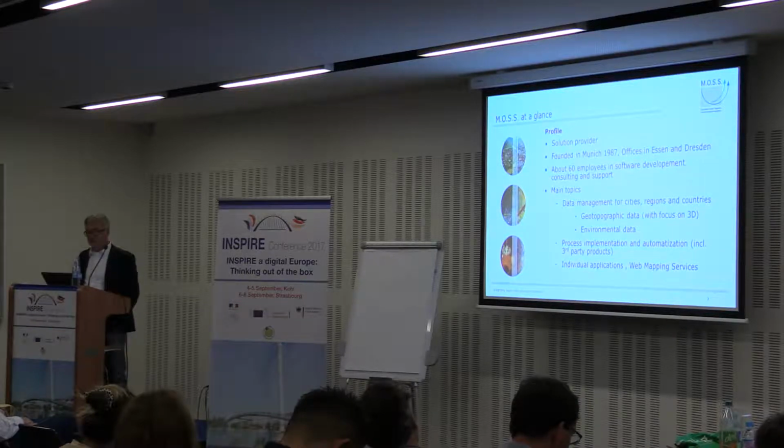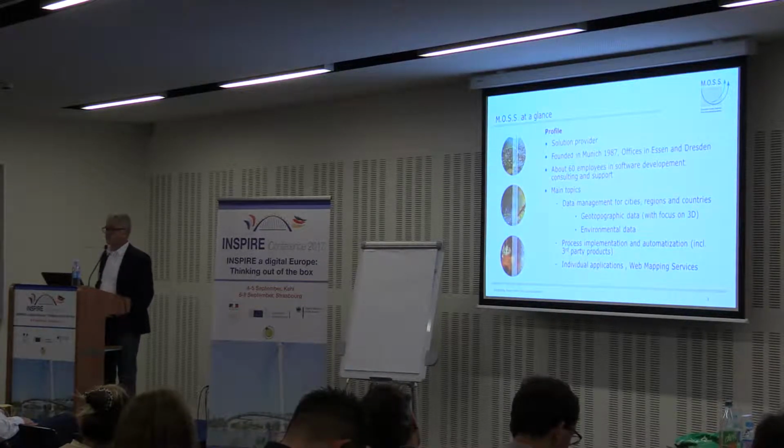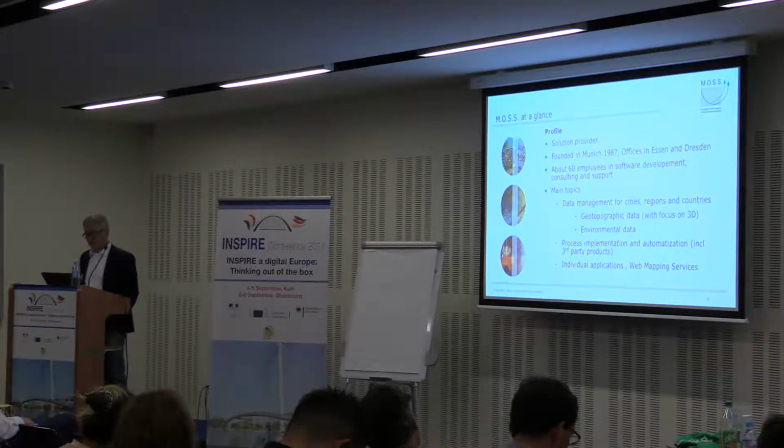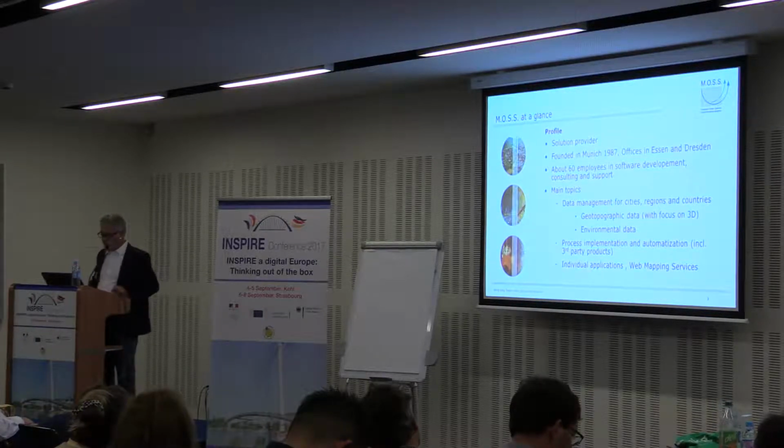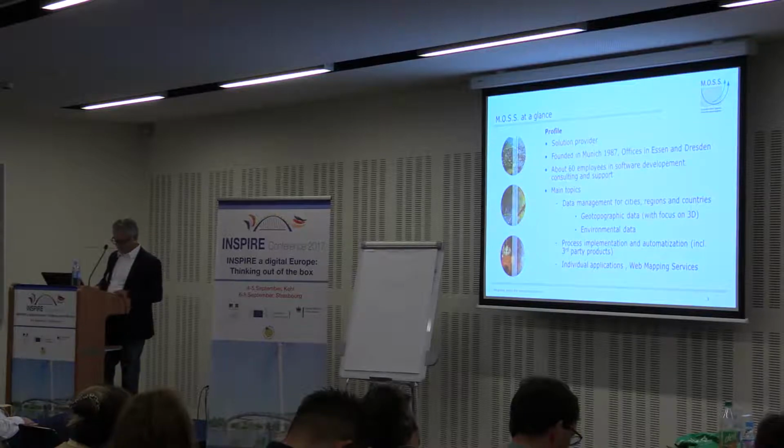Our main topics are data management for cities, regions, and countries with geotopographical data, especially focusing on 3D and environmental data. We process implementation and automatization, including third-party products. And we do, of course, individual applications and web mapping services.